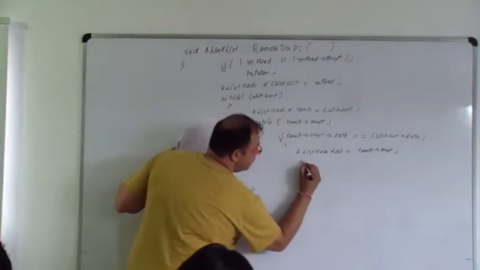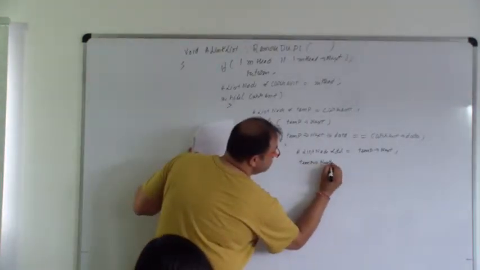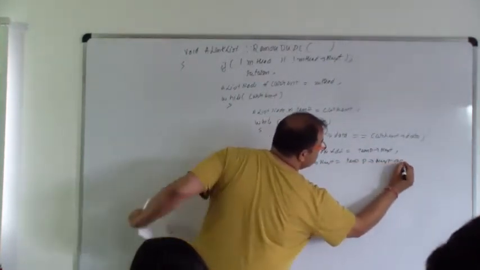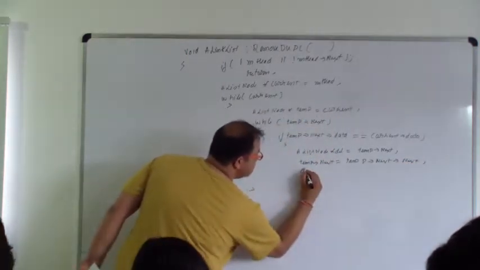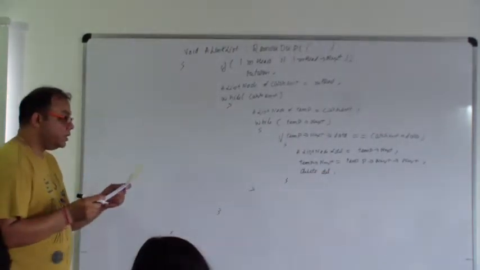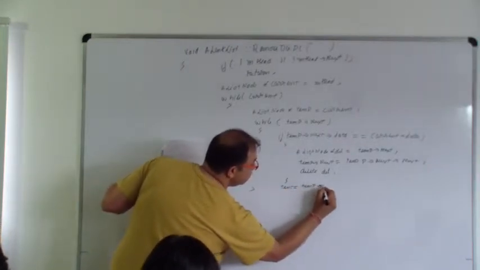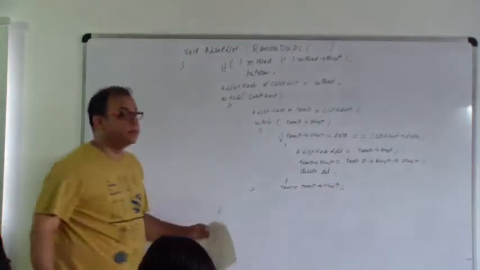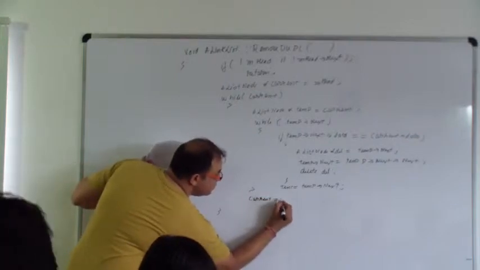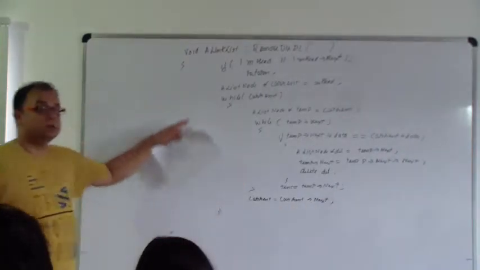Temp arrow next is equal to temp arrow next arrow next, and we'll delete. Okay, so we've deleted the other, and we'll say temp is equal to temp arrow next. And when this loop is over, we'll say current is equal to current arrow next.